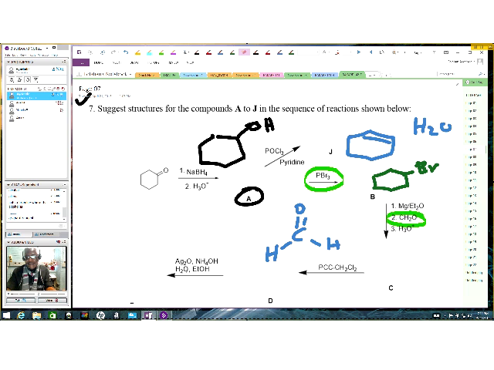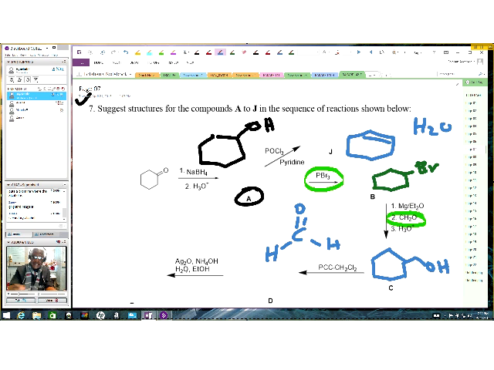Now, on the other hand, if you have your regular aldehyde reacting with a Grignard reagent, in that case you get a secondary alcohol. So in this case, when our Grignard reacts with the formaldehyde, we are going to get this product here, which will be a primary alcohol.